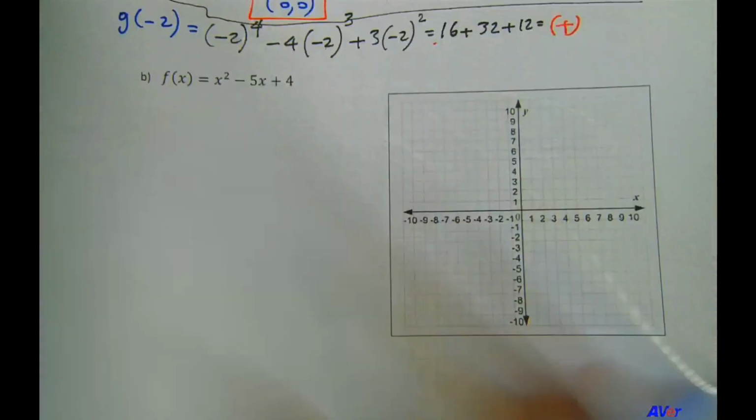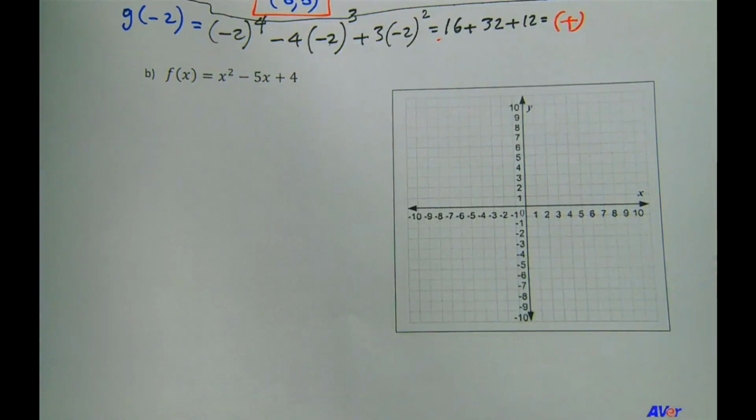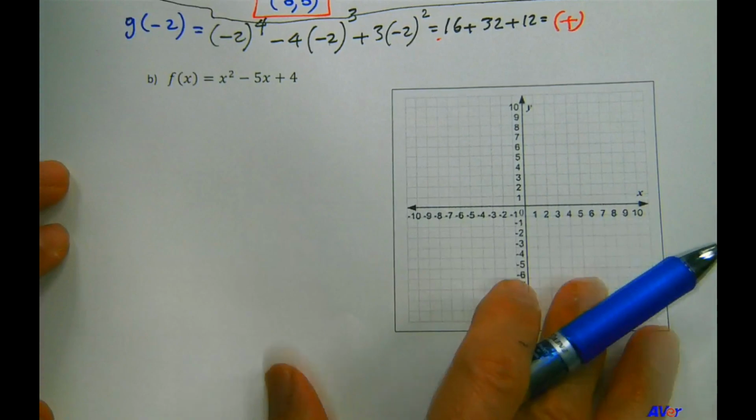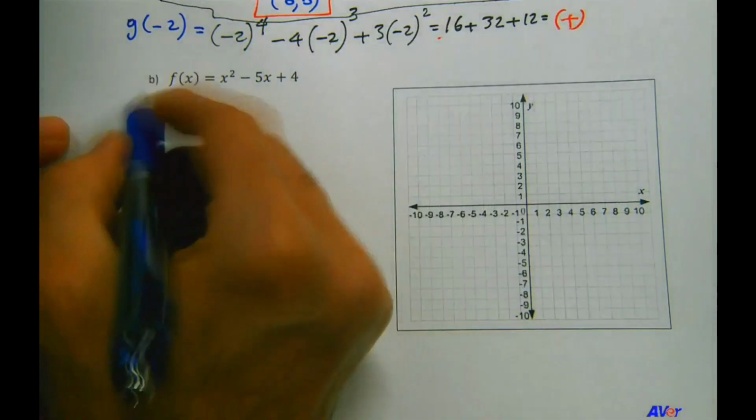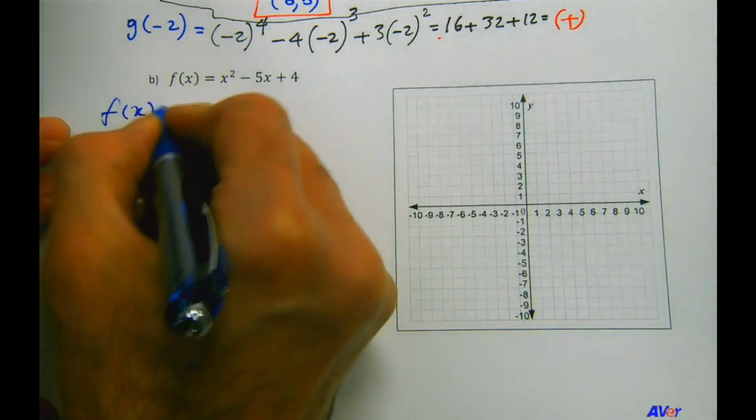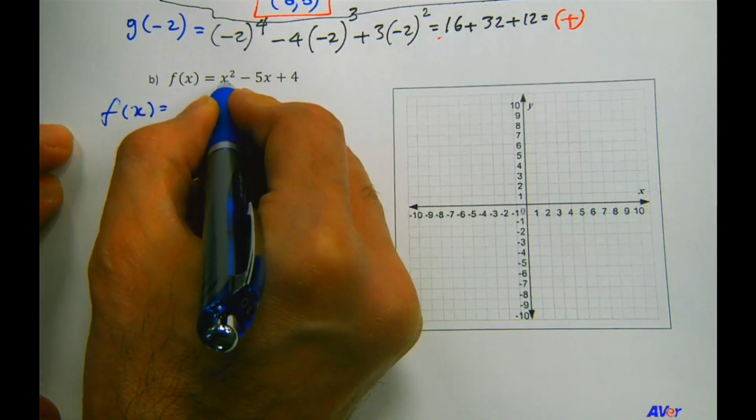So let's look at this next polynomial. Once again, we need to factor this, right? So let's do that. So f of x, this is an easy quadratic function.